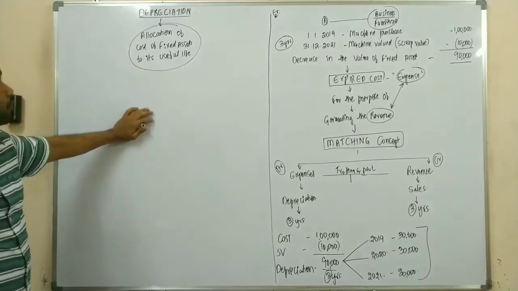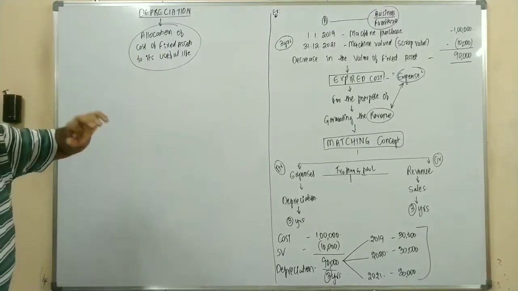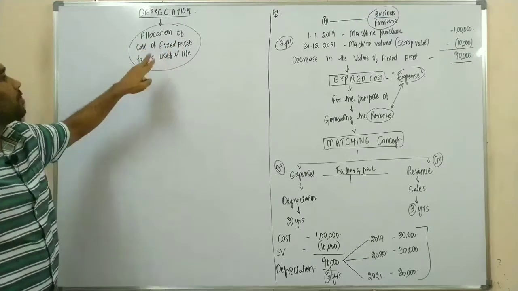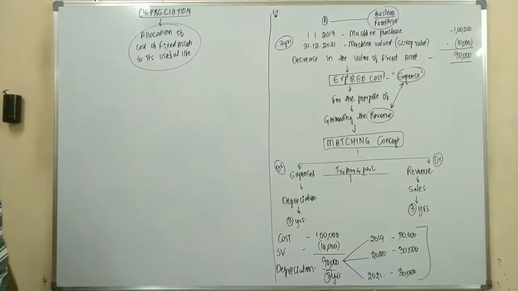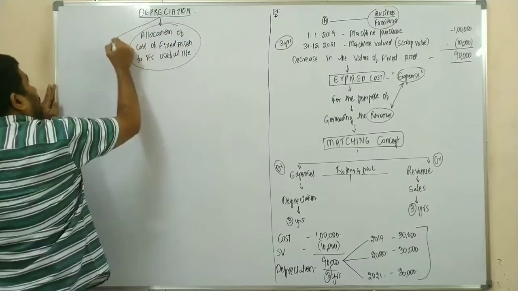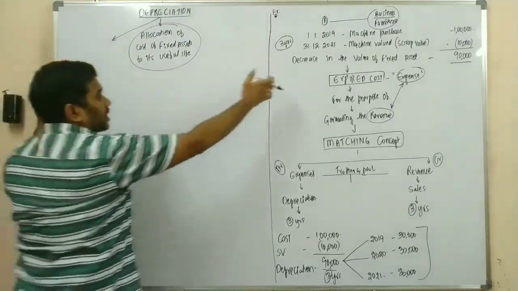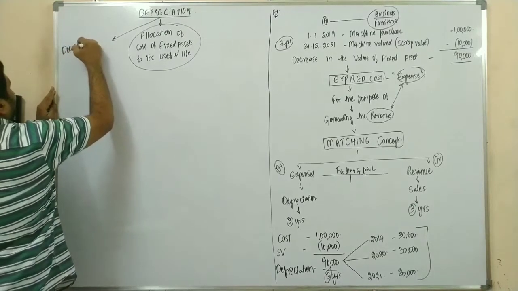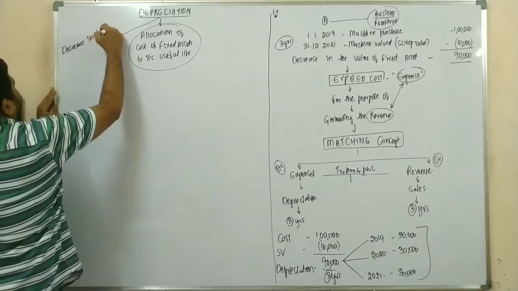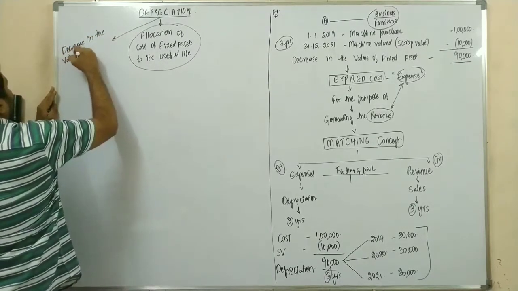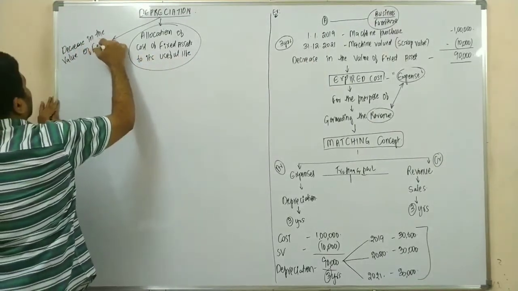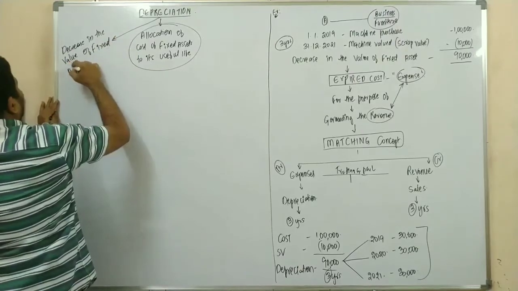Sir, what is the meaning of depreciation, sir? Depreciation is nothing but the allocation of the cost of a fixed asset to its useful life. Or, depreciation is nothing but the decrease in the value of a fixed asset.